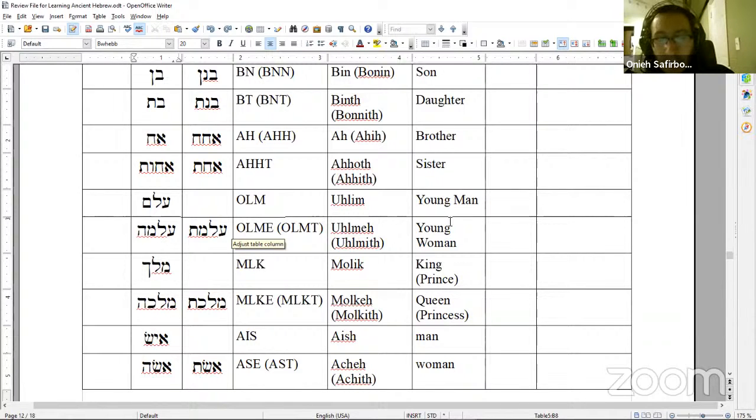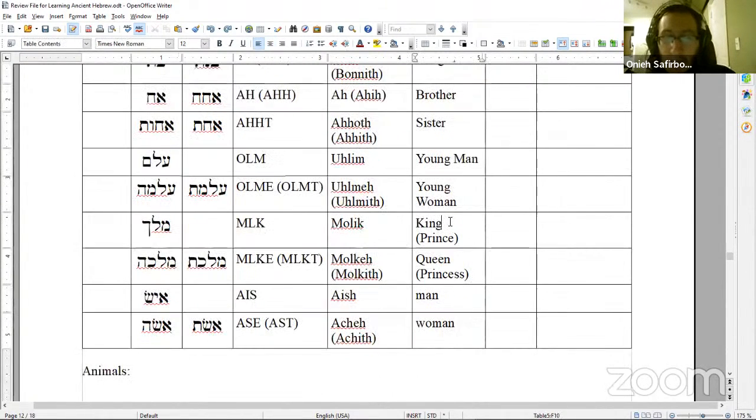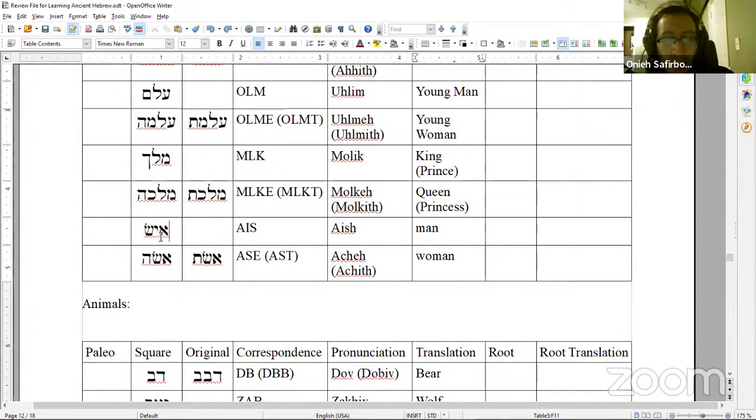Malek means king in Hebrew, originally meant prince in the original Hebrew. And Malka, originally Malkith, means queen in Hebrew, originally meant princess. Aish means man, and Acha, originally Achith, means woman.